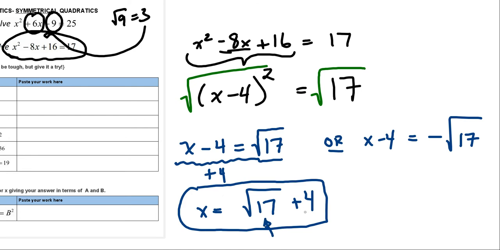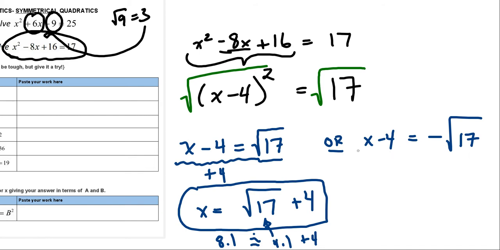Square root 17 is just bigger than 16, so it's approximately 4.1. But this is an exact answer, so this is the best format. Approximately, this is 4.1, and then you add 4. Remember how we practiced doing that last unit? That would be approximately 8.1. That's the value of x. Our preference is going to be the exact values.